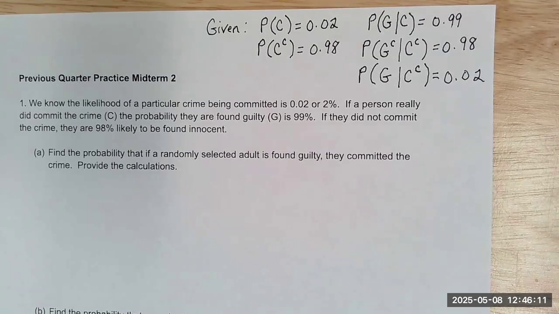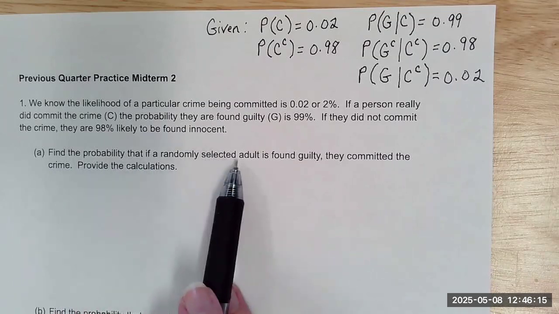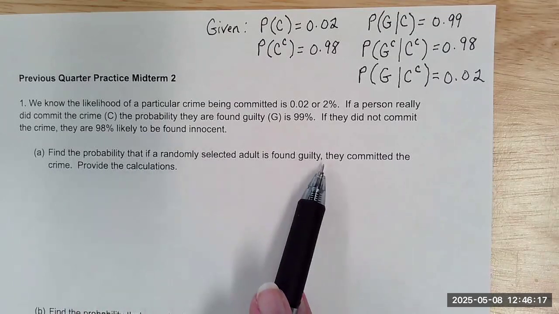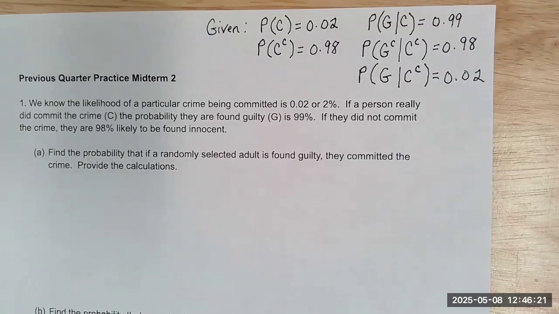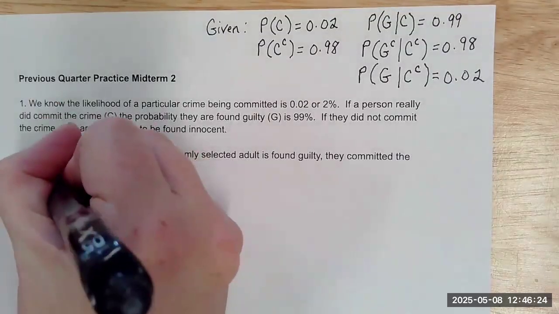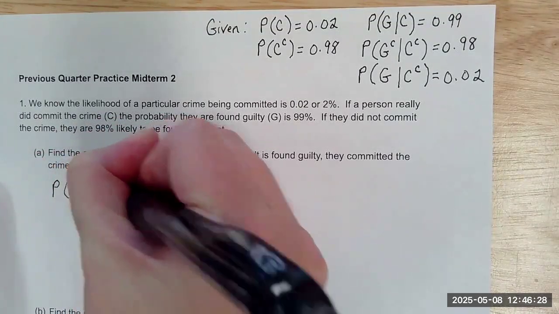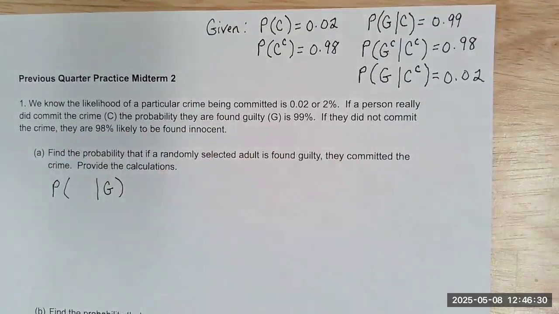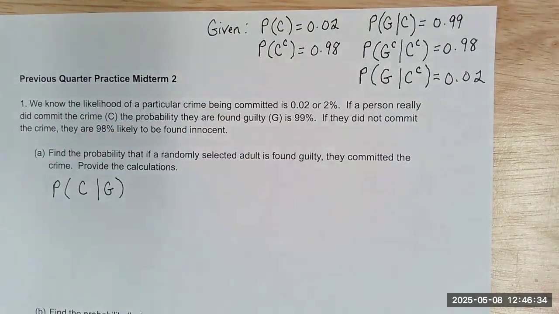Okay, so now let's see what they're asking us. Find the probability that if a randomly selected adult is found guilty, they committed the crime. Okay, so they're saying given that they're found guilty, so that goes after the given bar, the probability that they actually committed the crime.